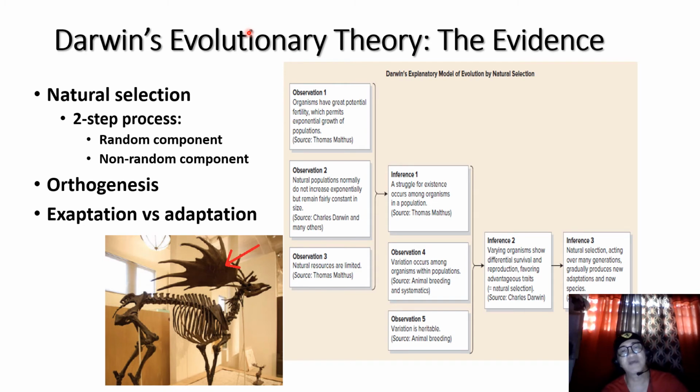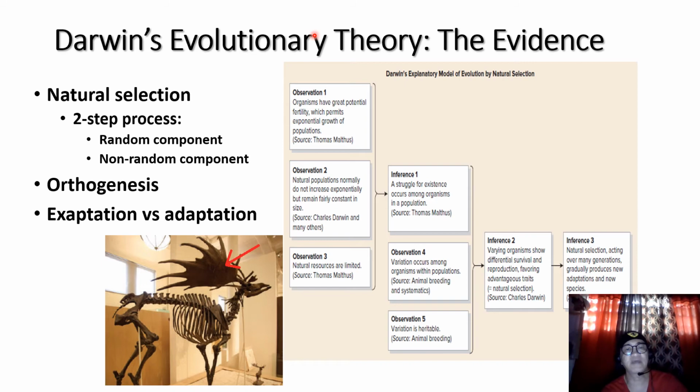Natural selection may be considered in two components, a random component and a non-random component. The production of variation among organisms is the random component, because nobody can influence who receives these variations among the population.